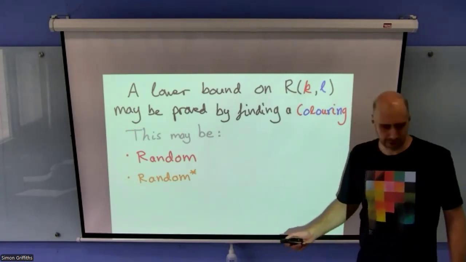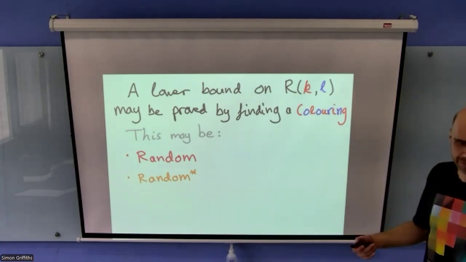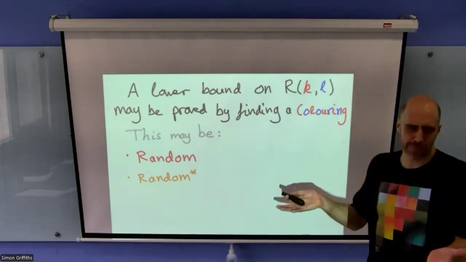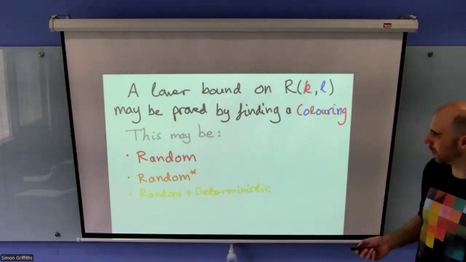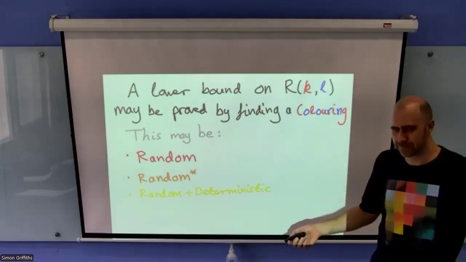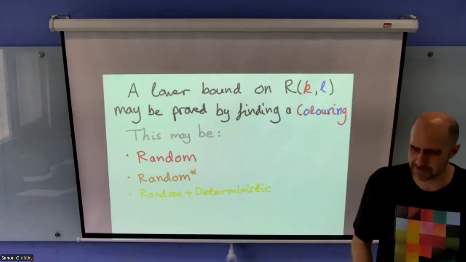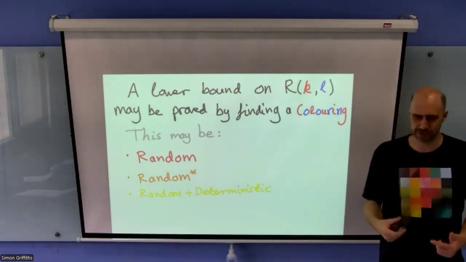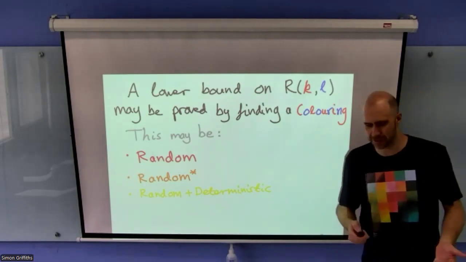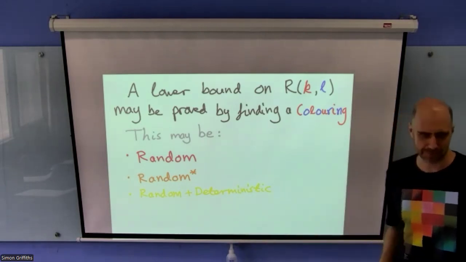It may be what I call random star, which means it's random, but somehow you've changed the distribution. We'll mention examples in a minute. You can do something random, and then you're not happy with the result, so you come in and change the result. So in a way, what you did is a random step and then a deterministic step.